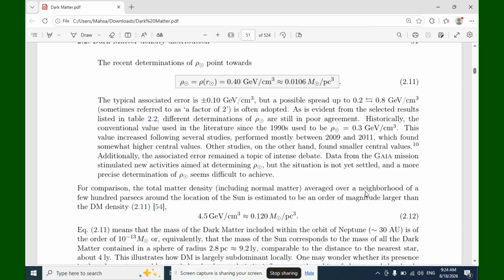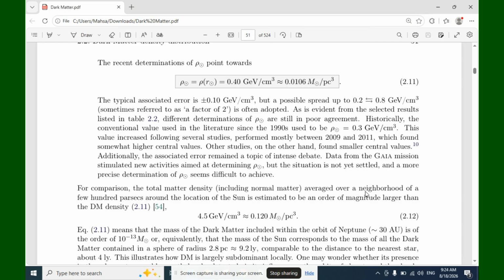Other studies, on the other hand, found smaller central values. Additionally, the associated error remained a topic of intense debate. Data from the Gaia mission stimulated new activities aimed at determining rho, but the situation is not yet settled, and a more precise determination of rho seems difficult to achieve.